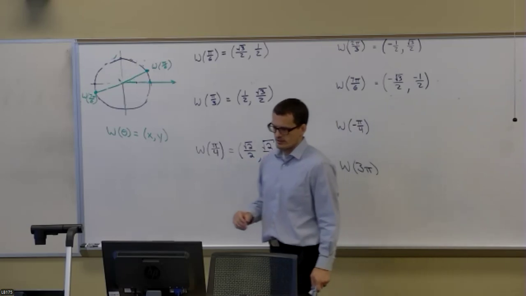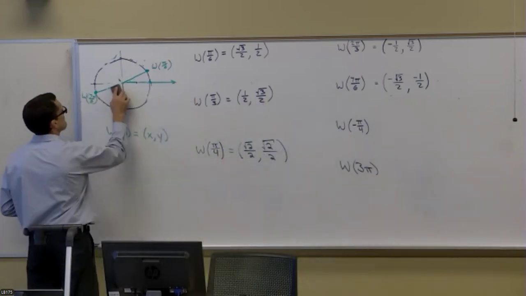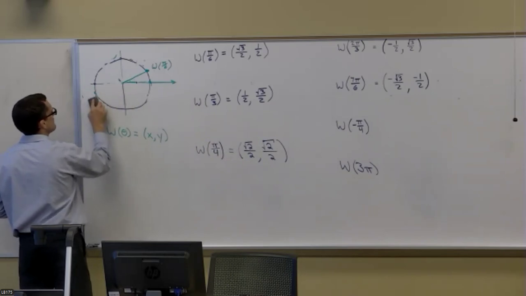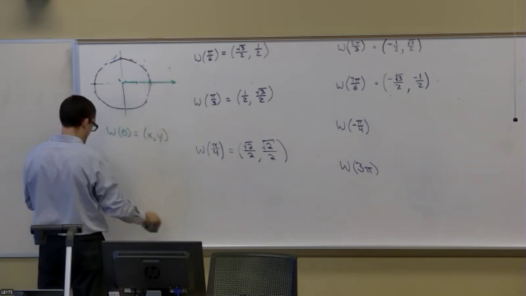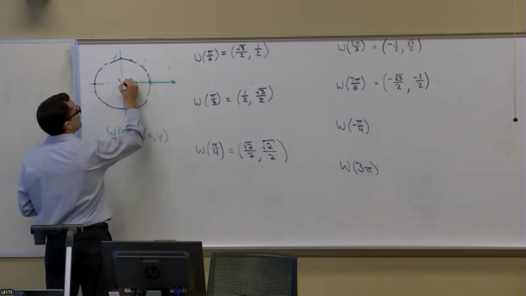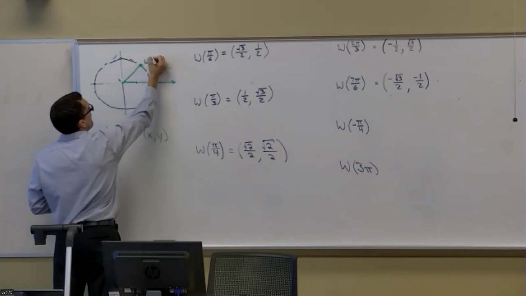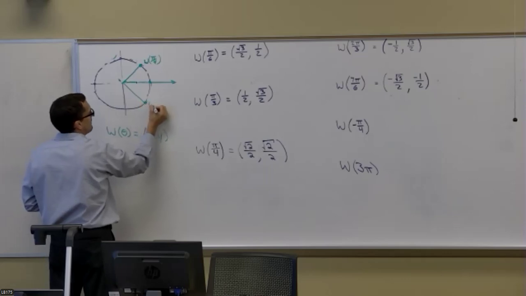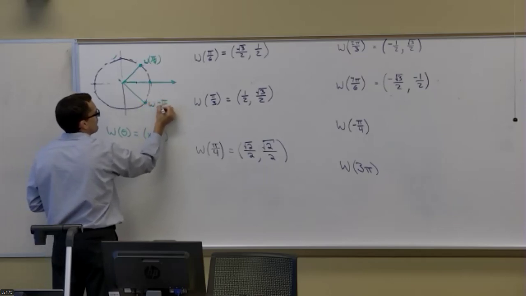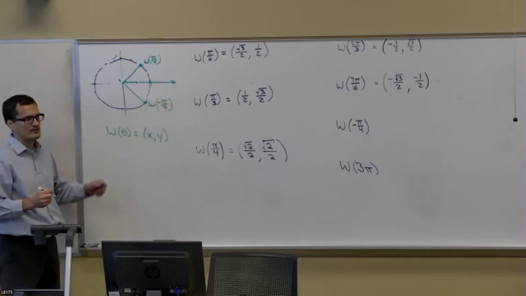Oh, what's the next one? Oh, negative pi over 4. Wrapping function of pi over 4 is going to be up here. Wrapping function of negative pi over 4 is going to be down here in quadrant 4.